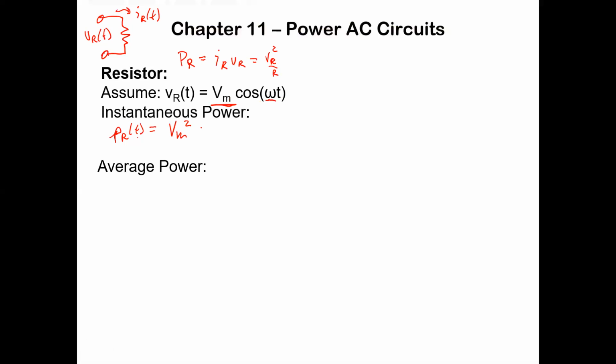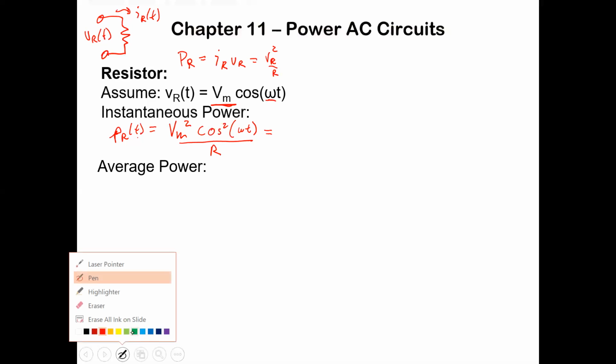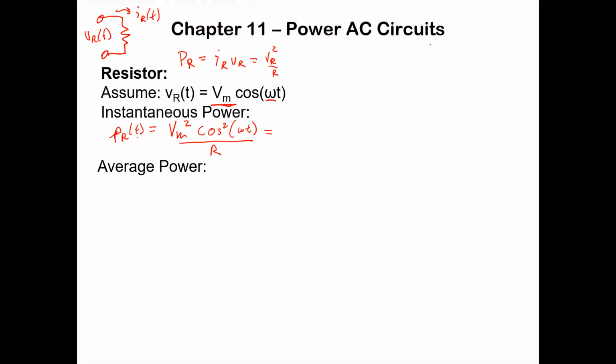So you would take Vm and square it, and then you also have to square the cosine, cosine squared of omega t, and then all that's going to be divided by R. And the trig formula: cosine squared of omega t equals 1 plus cosine of 2 omega t, all over 2.